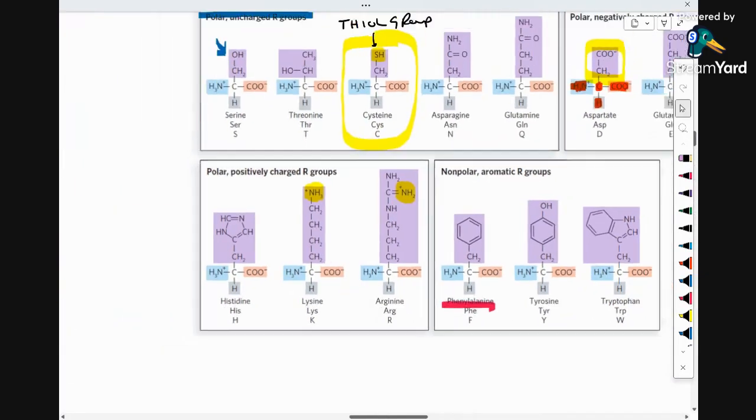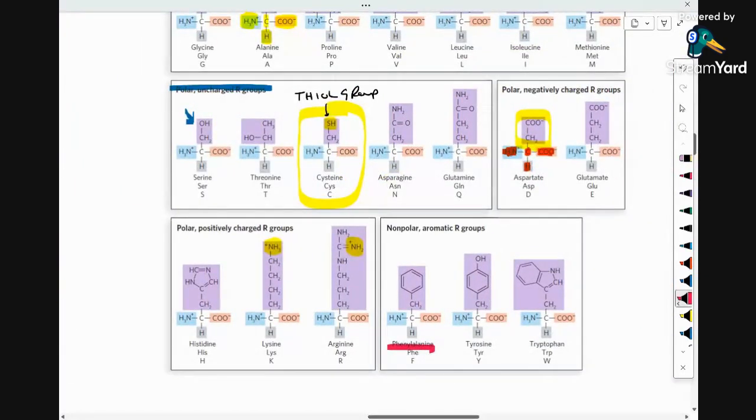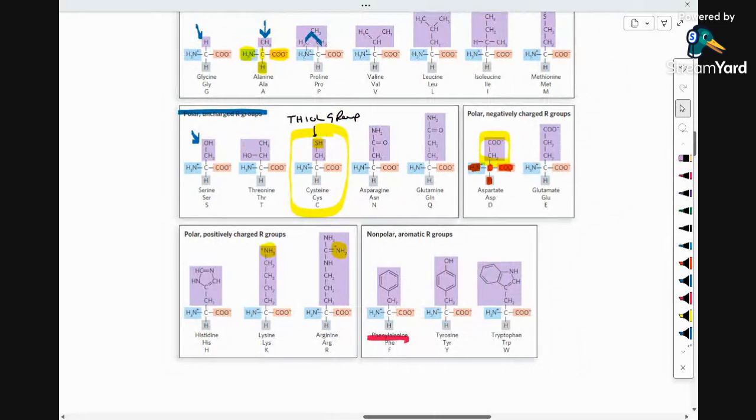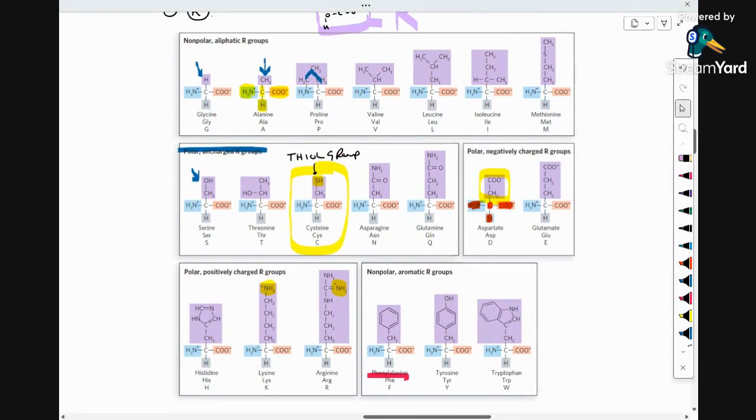Hopefully, you can appreciate there are 20 amino acids here, and they all have different chemical properties. And the chemical properties that they exhibit will help determine protein function. You don't need to learn the R groups. You need to be able to identify them from a picture, from a skeletal diagram or a displayed formulae representation, but you don't need to learn them off by heart.